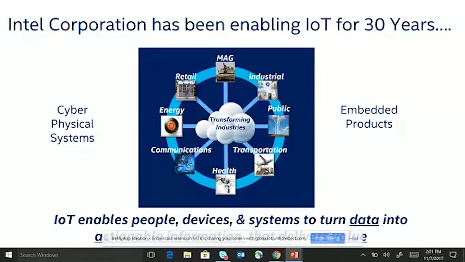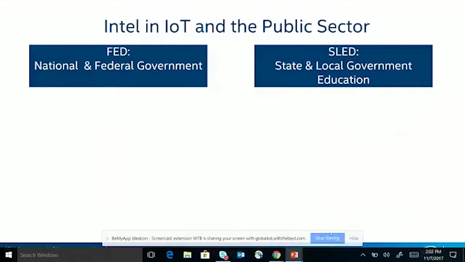So when we think about IoT, we think about it in terms of enabling people, devices, and systems, and how we turn data into information that delivers value. When I talk about IoT in the public sector, I'm using the term in two specific veins.